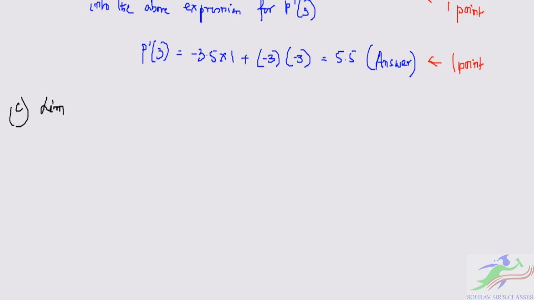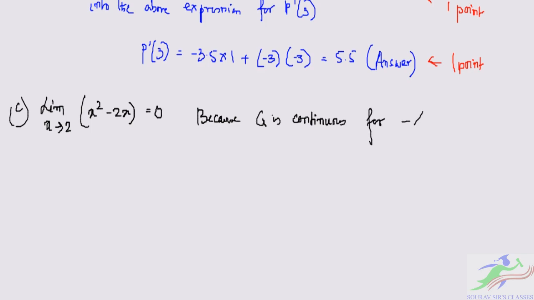The limit as x tends to 2 of x squared minus 2x is equal to 0. We know that, right? Because g is continuous on the interval minus 4 less than or equal to x less than or equal to 6.